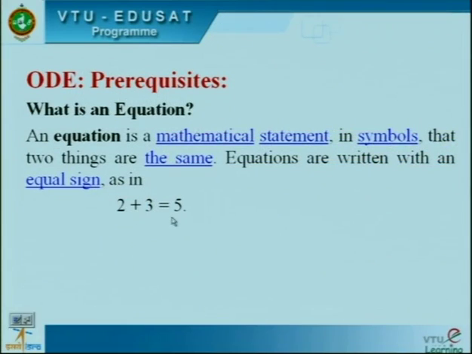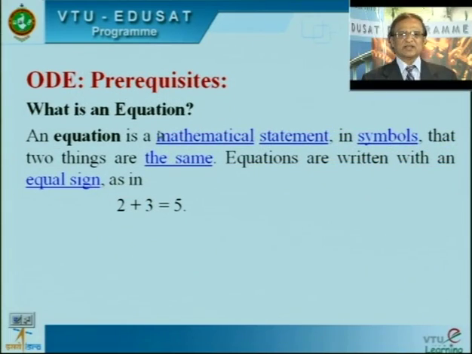This type of thing we call an equation, a mathematical statement in symbols. We can use various arithmetic symbols. In this equation I have used only numbers, but if you want, you can use variables instead of numbers.